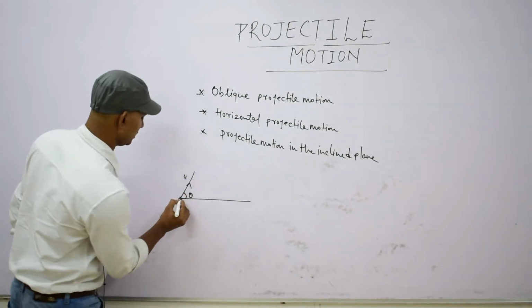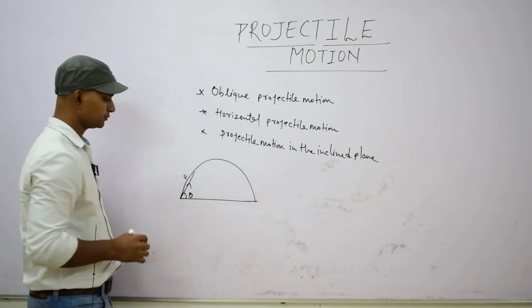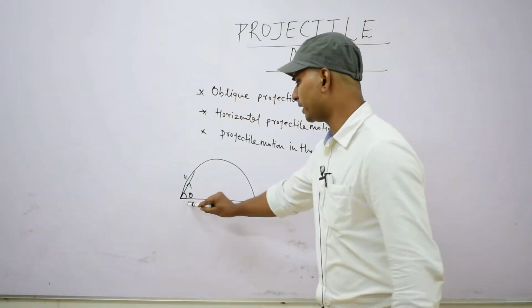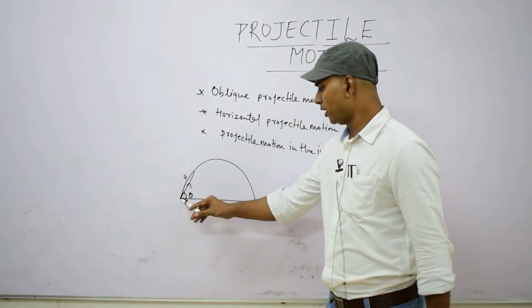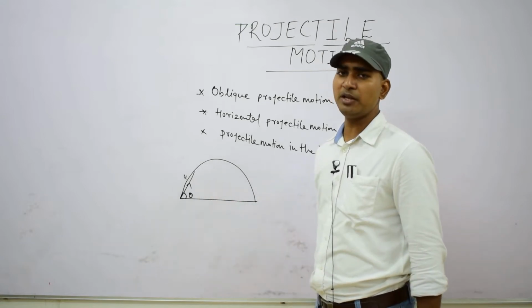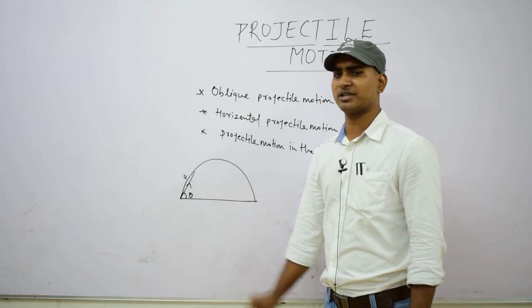So its path will be like this. Means in an oblique projectile motion, the body comes again on the same horizontal line from where it has been thrown. So that particular projectile motion is called oblique projectile motion.